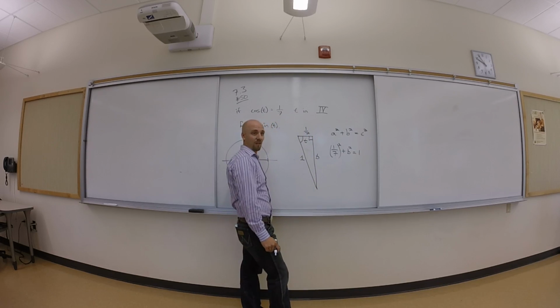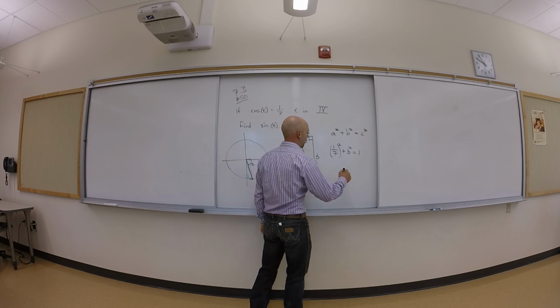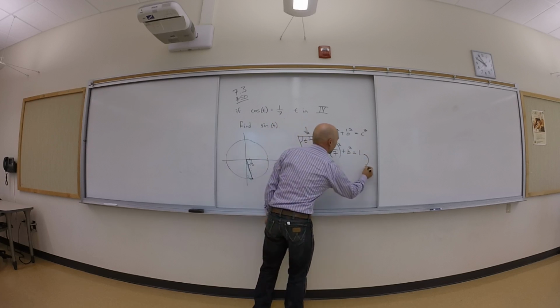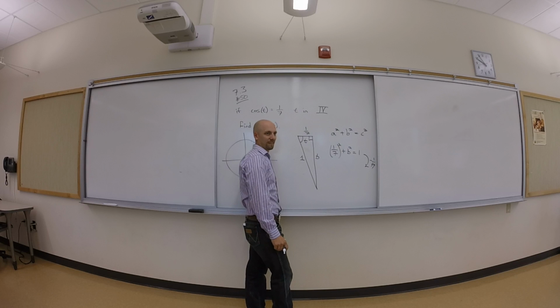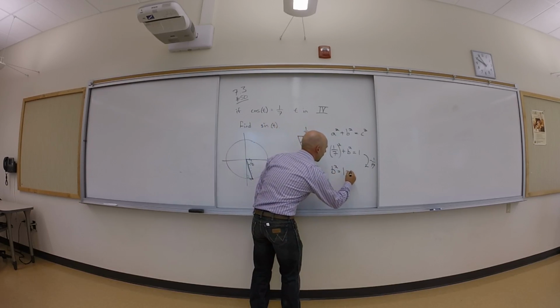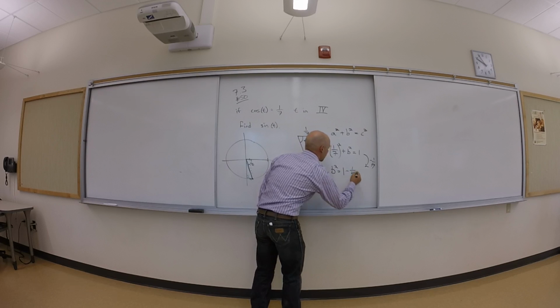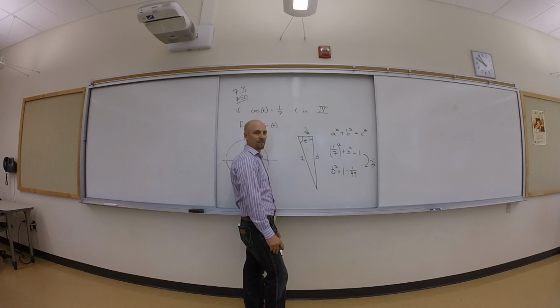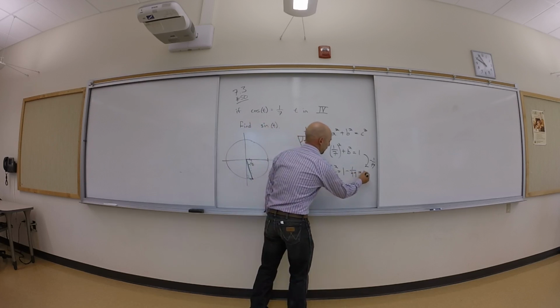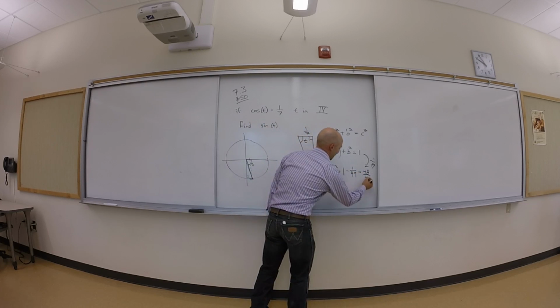C squared minus A squared equals B squared. Good, perfect. Move this to that side, right? So I'm going to subtract 1/49 from both sides. So I think I got B squared is 1 minus 1/49, which is 48 out of 49.